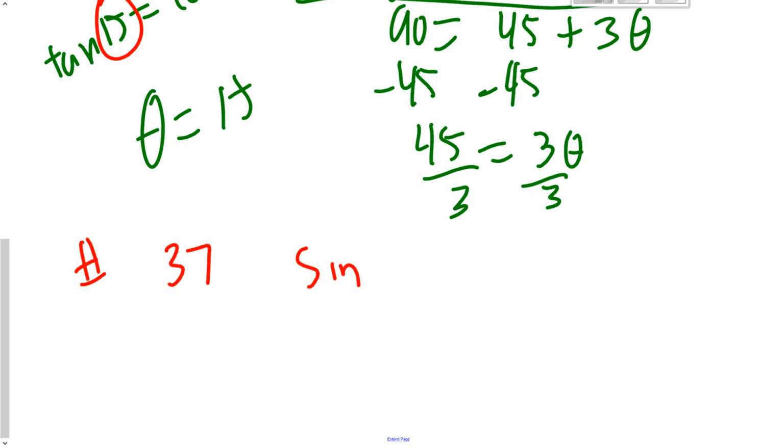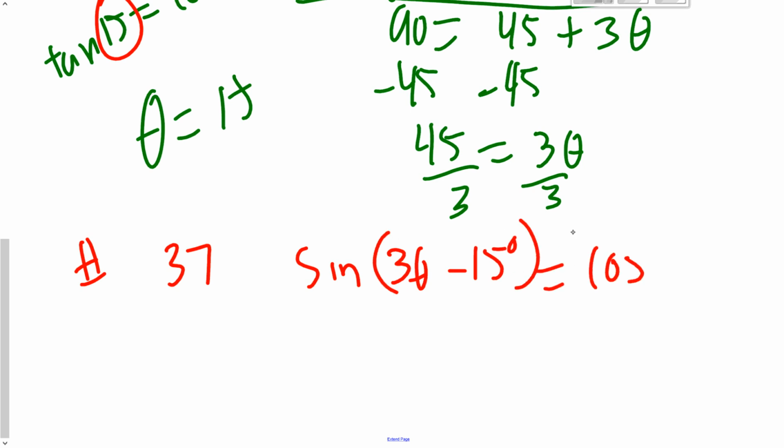So sine of 3 theta minus 15 degrees is equal to cosine of theta plus 25 degrees. Okay, so we know from our identities that sine and cosine are cofunctions of each other.